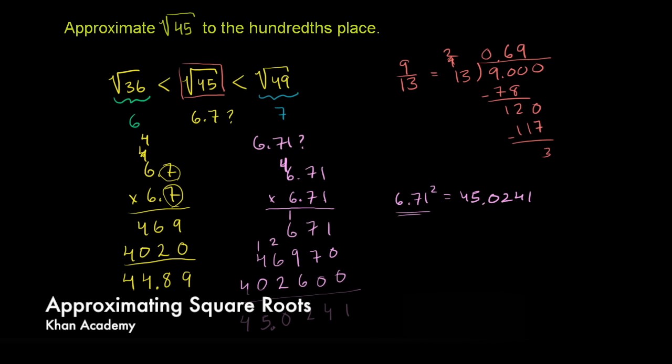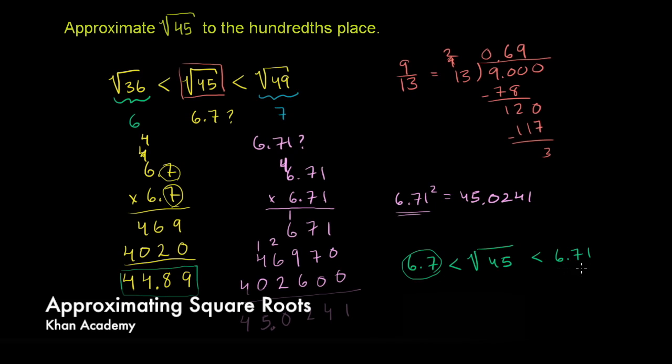So 6.71 is a little bit greater. Let me make it clear now. We know that 6.7 is less than the square root of 45, and we know that that is less than 6.71, because when we square this, we get something a little bit over 45. But the key here is that 6.7 squared got us 44.89, which is 11 hundredths away from 45.